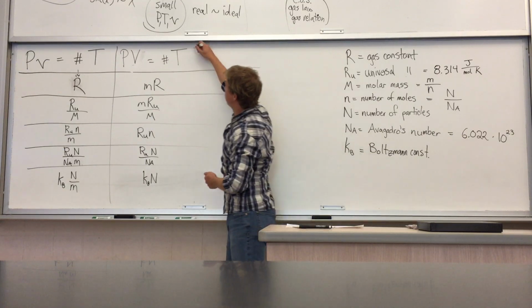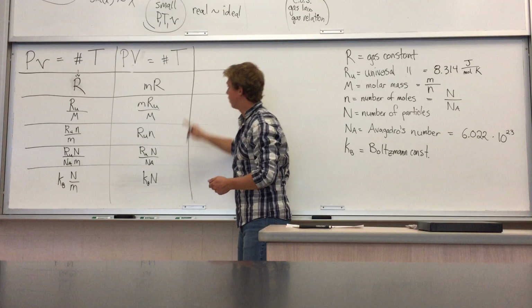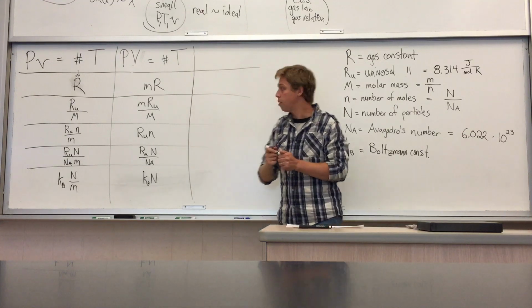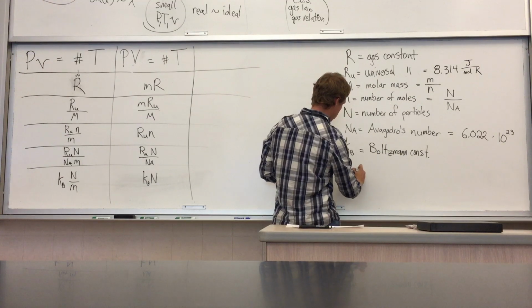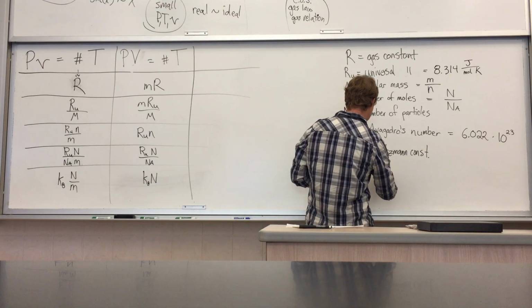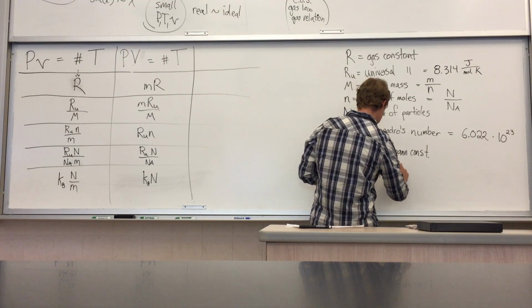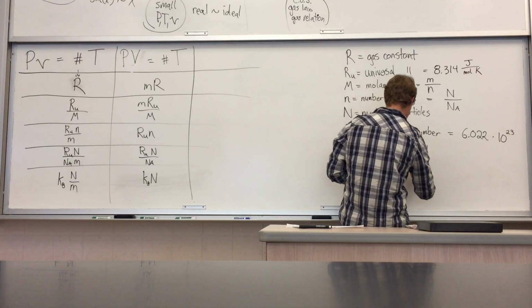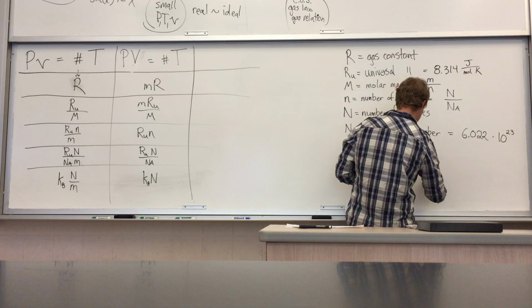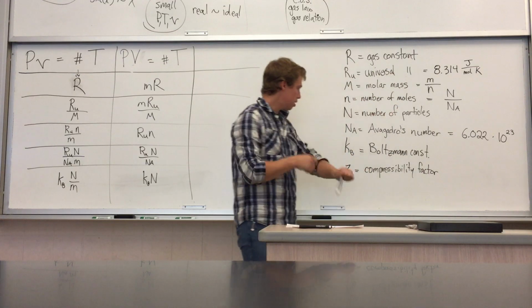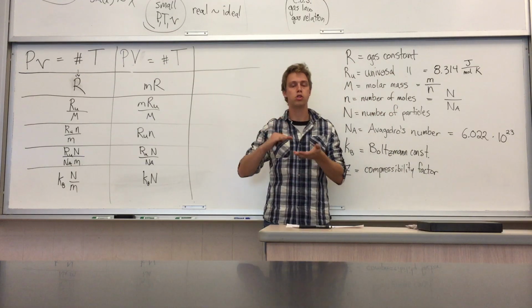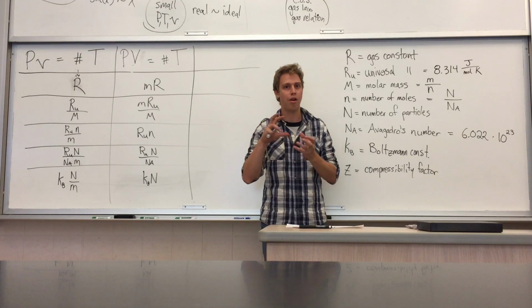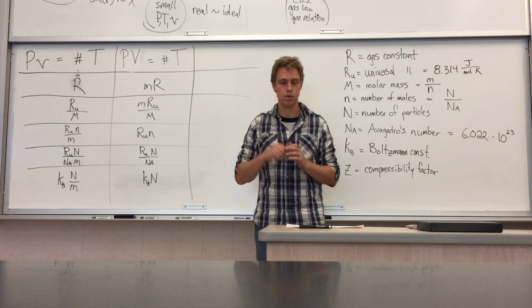And there's yet a third way of writing this value if I include something called Z. Z is called the compressibility factor. I'm not going to go into too much detail, but it's called the compressibility factor because it has to do with the ratio of volumes. How much do the volumes compress relative to each other?